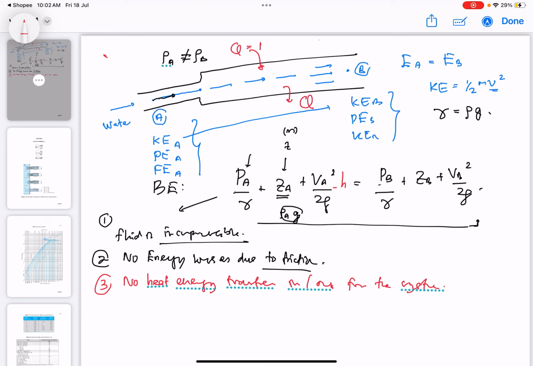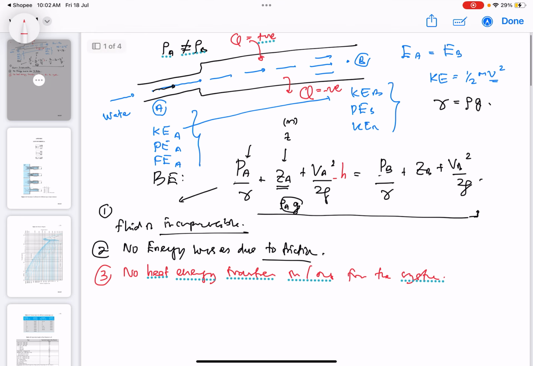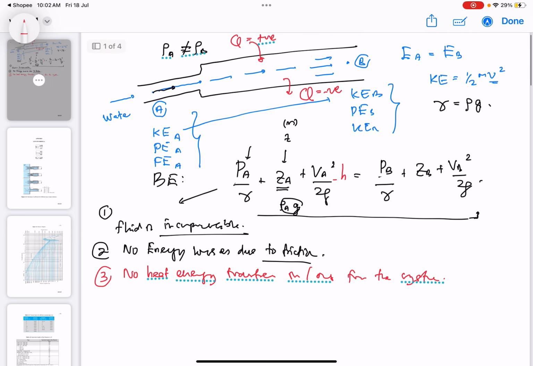Usually Q in is positive, and Q out is negative. That's what makes thermodynamics slightly difficult. But for fluid mechanics, we just simply assume that there's no heat energy transfer in or out of the system, meaning that the temperature is constant.